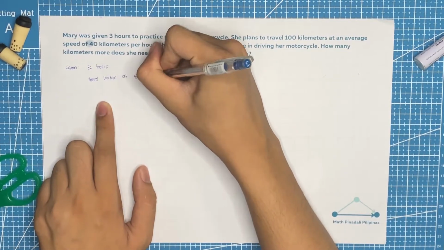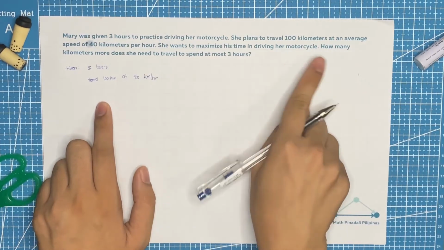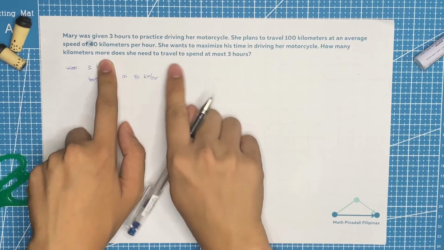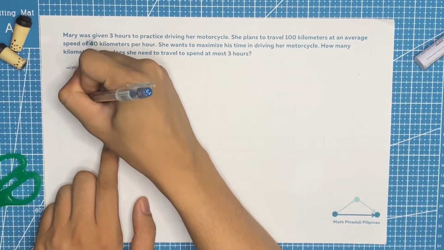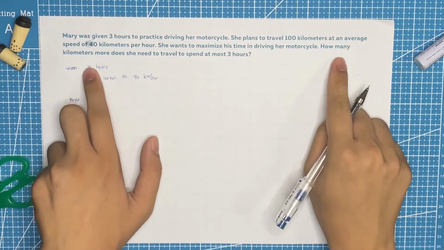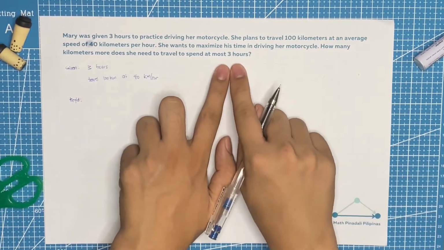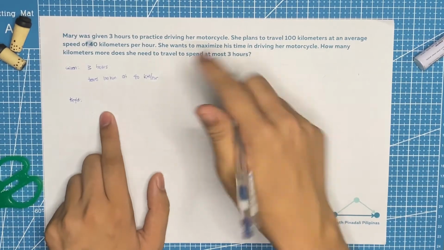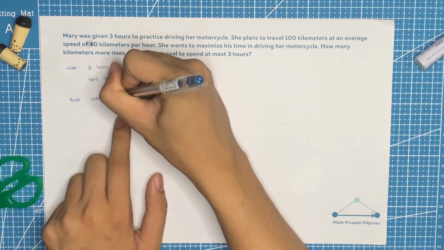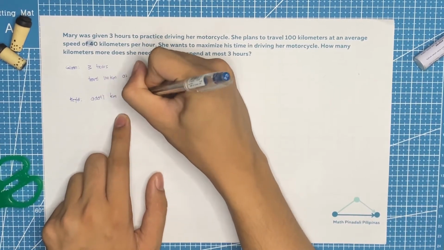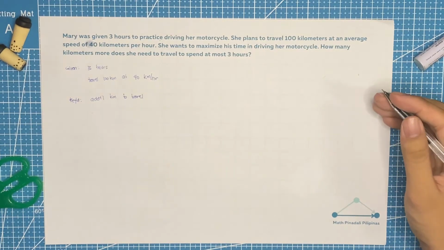Now, she wants to maximize her time. How many kilometers more does she need to travel to spend at most 3 hours? So, our required will be, ilan pa daw yung kilometro na kailangan niyang i-travel para ma-maximize niya yung 3 hours na allotted time. So, additional kilometers to travel.